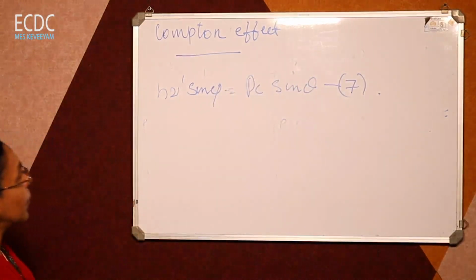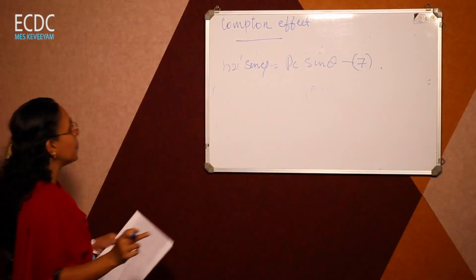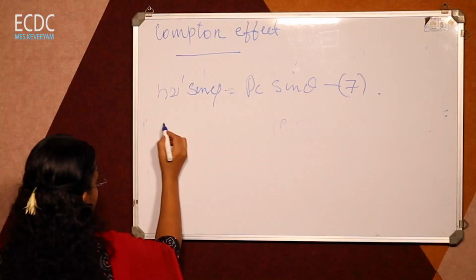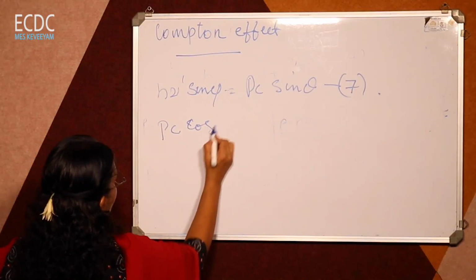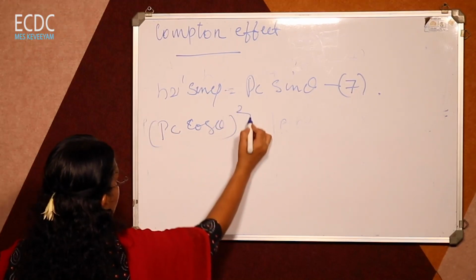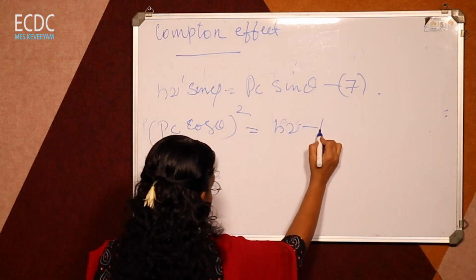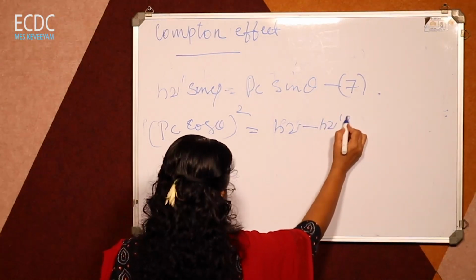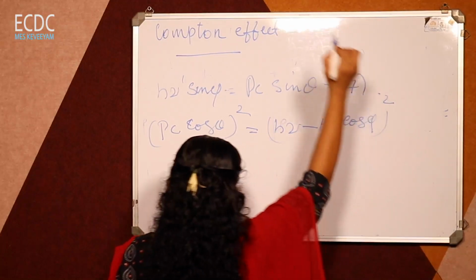Then squaring equations 6 and 7, that is the parallel component and the perpendicular component. So we can write the equation as pc cos theta squared equal to h nu minus h nu prime cos phi, squared.